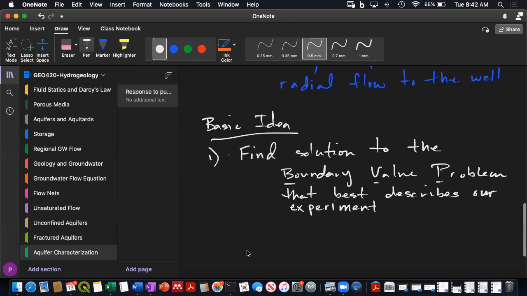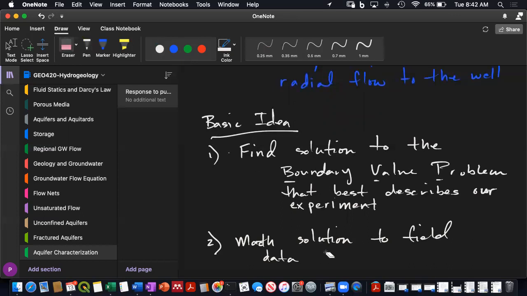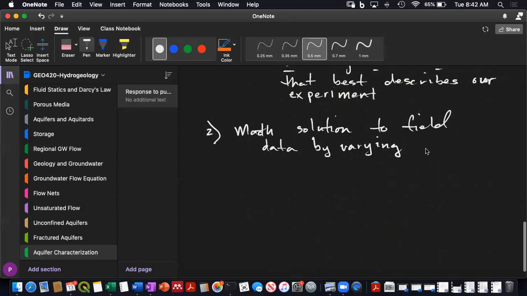So this is step one. And then step two, match the solution to field data by varying K and S to get our parameter estimates.